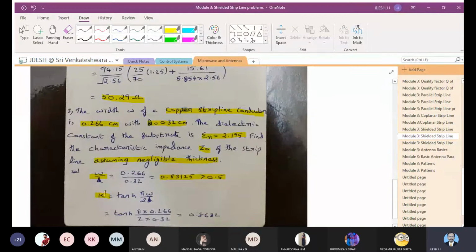So anyone of you have got the answer for Z naught? Okay, you may be still doing it. All of you find out first the W by D ratio.